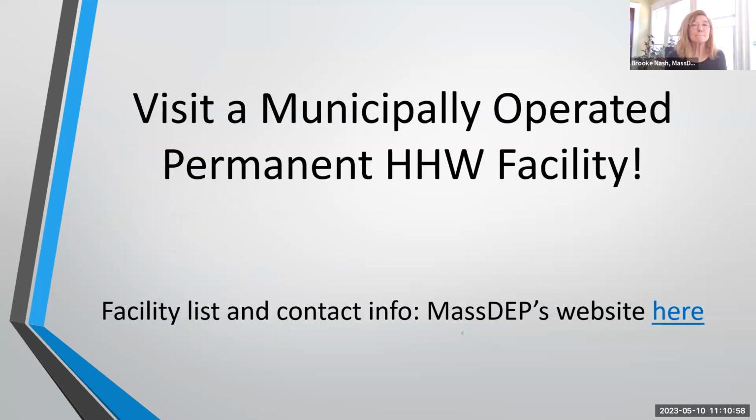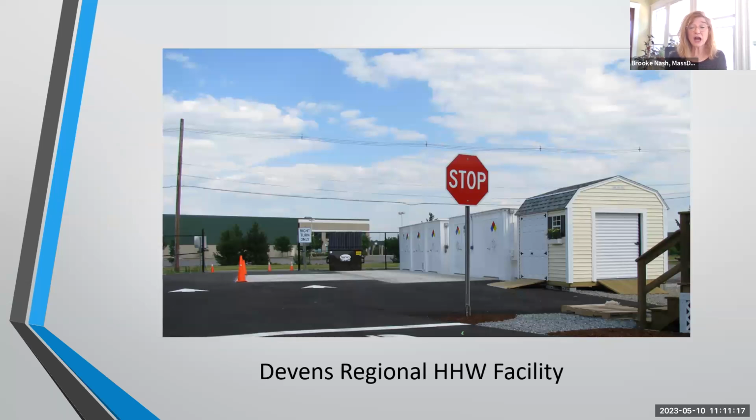Next slide. So I would strongly encourage you to visit a municipally operated permanent household hazardous waste facility. I feel like it's sort of a well-kept secret, but Massachusetts is home to 2 regional facilities. One of them is in Devens, the other Lexington, and then there are 9 facilities that serve only that municipality's residents. And these are really diverse communities.